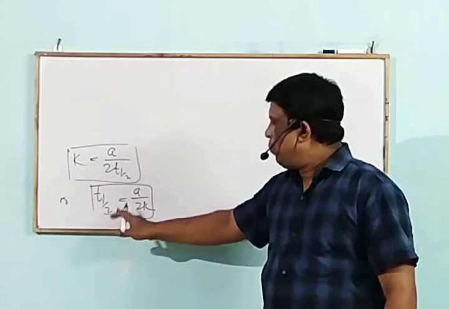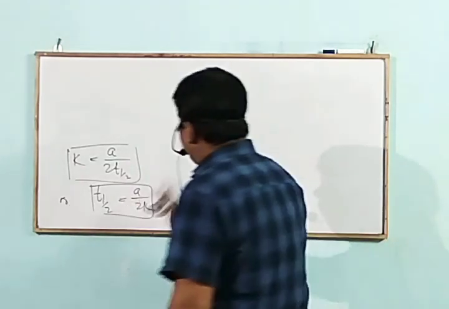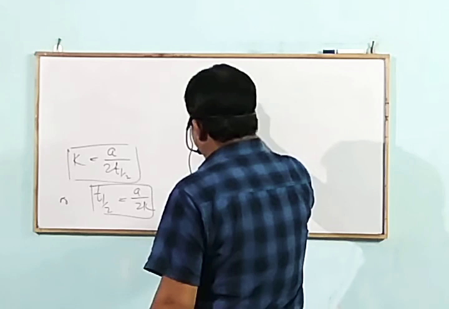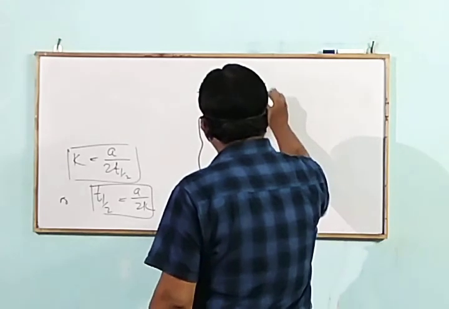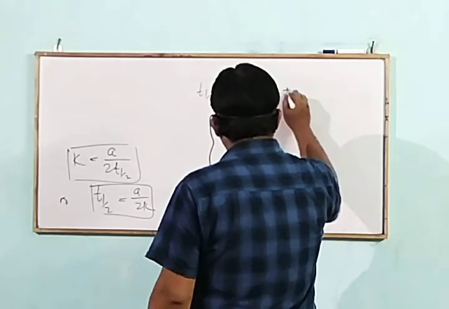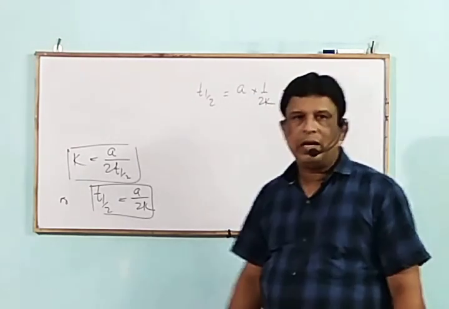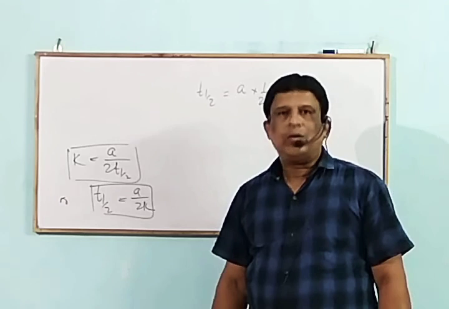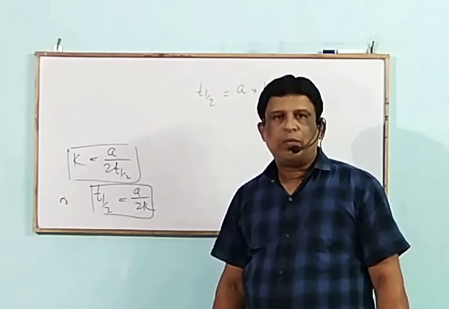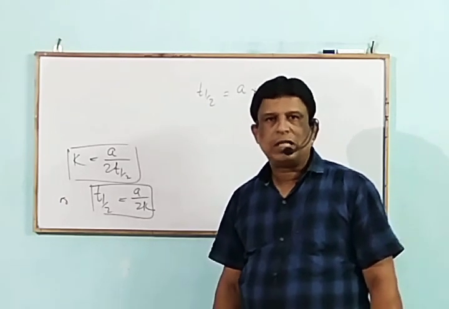If we rewrite T half is equal to A into 1 by 2k plus 0, mark that. If we rewrite the equation in this way, it represents the equation of a straight line in the form of y is equal to mx plus c.